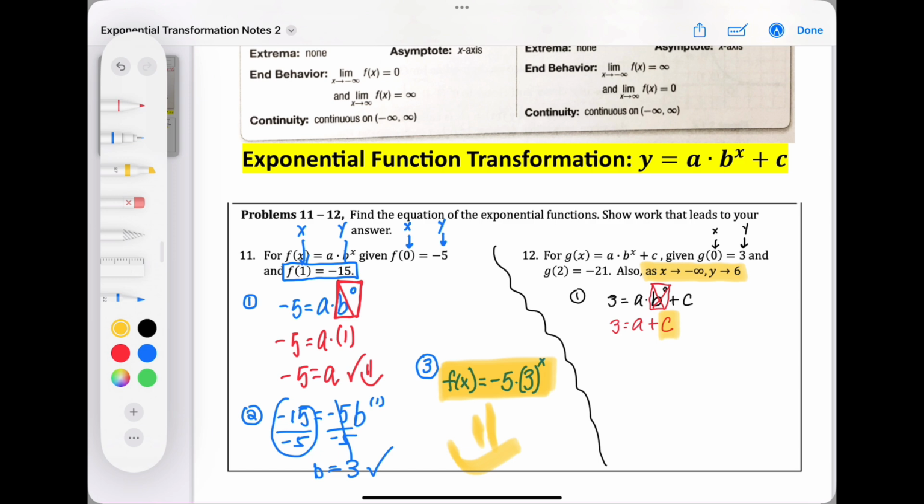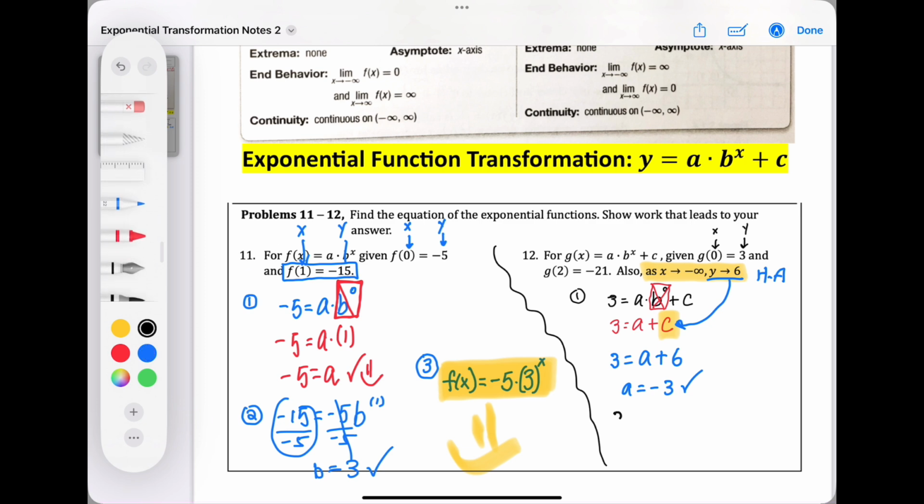So I can plug in the horizontal asymptote to plug in c. Therefore, I know 3 is equal to a plus 6. Can I do housekeeping? Both sides -6, so now I know a is equal to -3. Perfect.